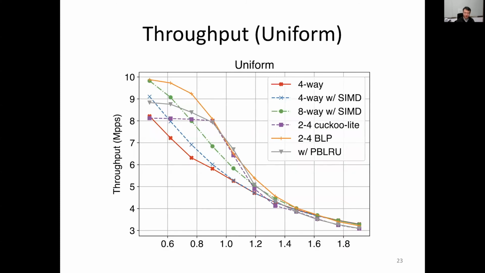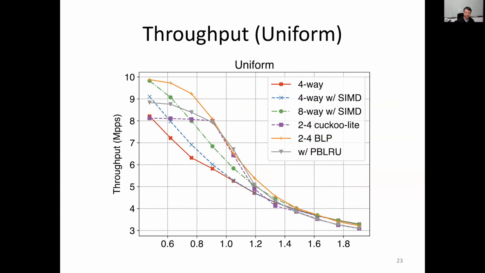For the first set of experiments, I'd like to share with you the end-to-end throughput of our Open vSwitch deployment. The x-axis here is the oversubscription factor from 0.5 to 2. The smaller the oversubscription factor, the emptier the cache table is. And the y-axis here is the end-to-end throughput measured in million packets per second.